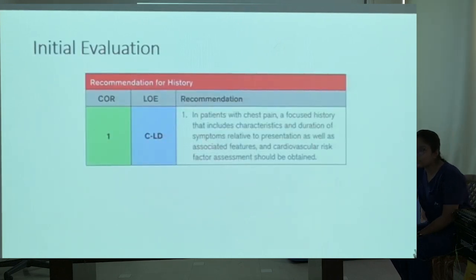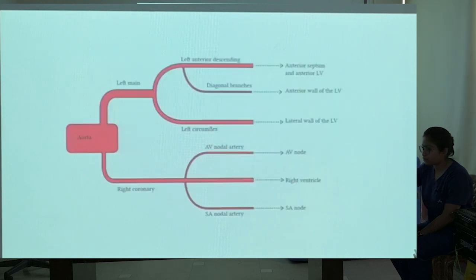Let's go back to the previous slide. Which artery supplies the inferior wall? Suppose you have written anterior wall, septal wall, lateral wall, with no mention of the inferior wall or posterior wall. Any guess which branch will supply the inferior wall and which will supply the posterior wall?